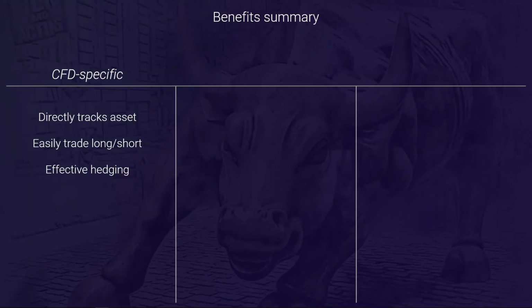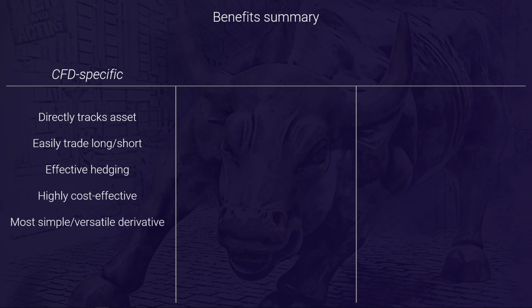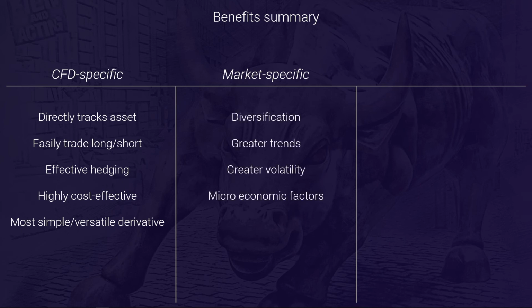Jumping back now, highly cost effective once again, and for these reasons and more, this is why we consider CFDs to be the most simple and versatile of the derivatives. Looking at the market-specific benefits there's diversification, greater trends, greater volatility, microeconomic factors, and thematic plays.